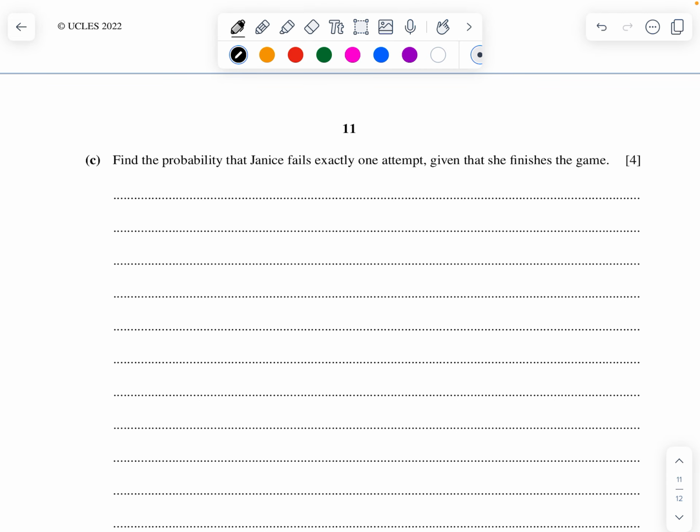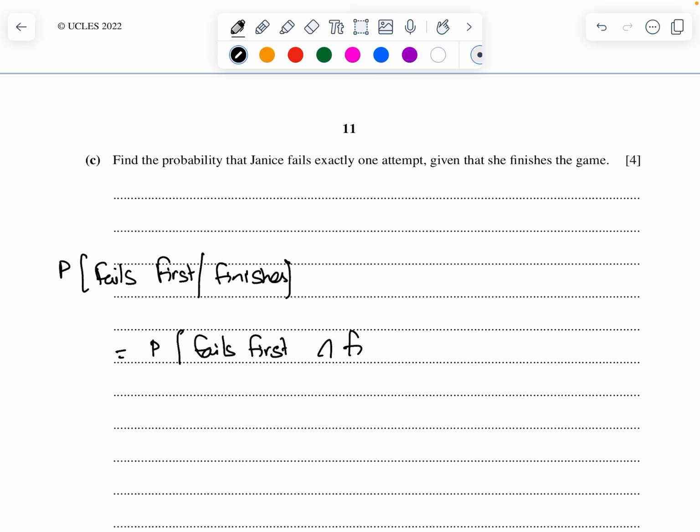Find the probability that Janice fails exactly one attempt given that she finishes the game. So fails first given that she finishes the game. It's going to be the probability of fails first intersection finishes, divided by the probability of finishes.